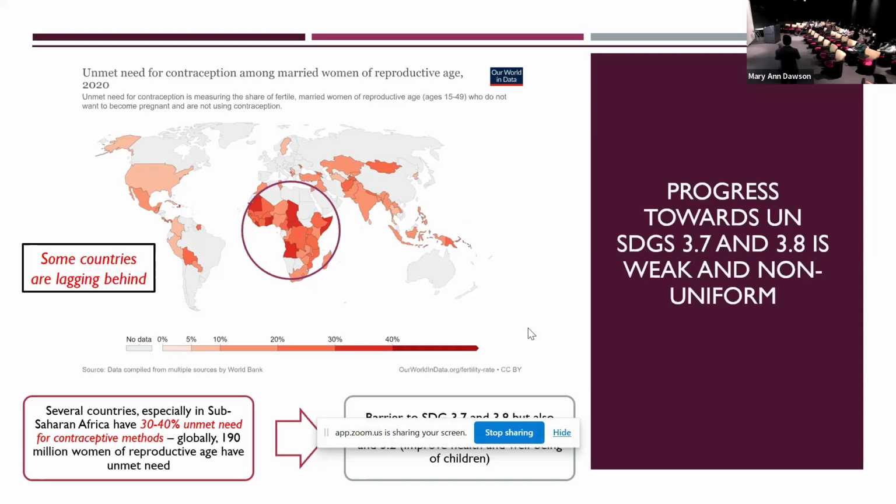On a global scale, this translates to about 190 million women of reproductive age who don't have access to the contraceptive methods of their choice. This is closely tied to the SDGs 3.7 and 3.8.